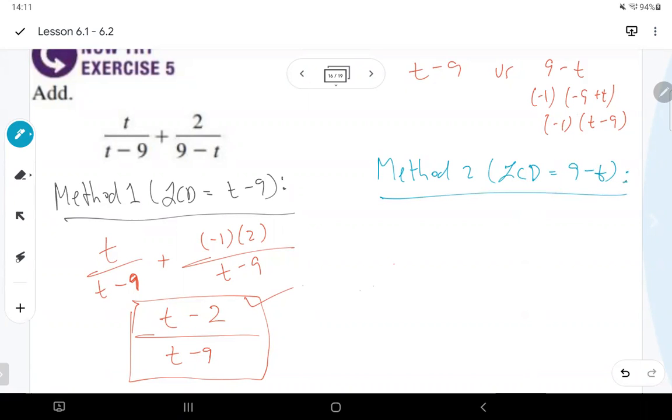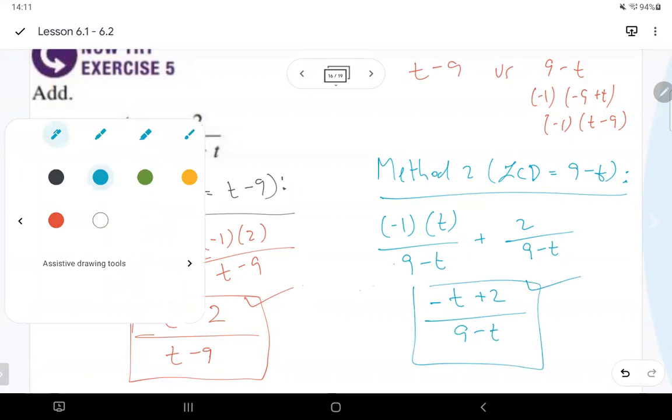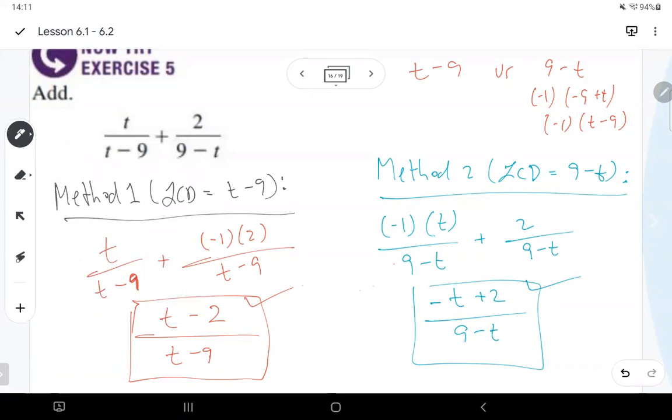So if we do that, then we have to realize that we need to multiply the first fraction by the negative and rewrite that denominator. So then you would end up with -t plus 2 over 9 minus t. Either are correct.